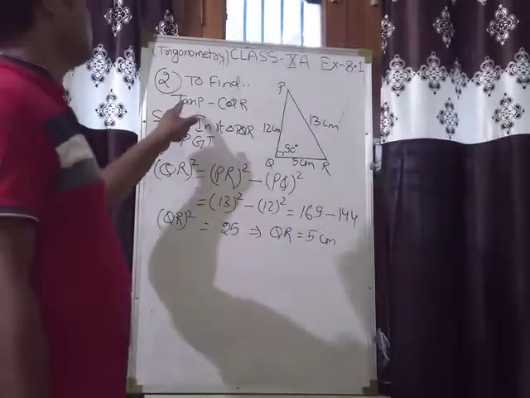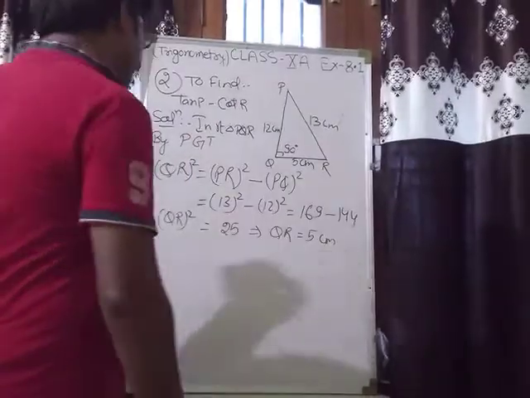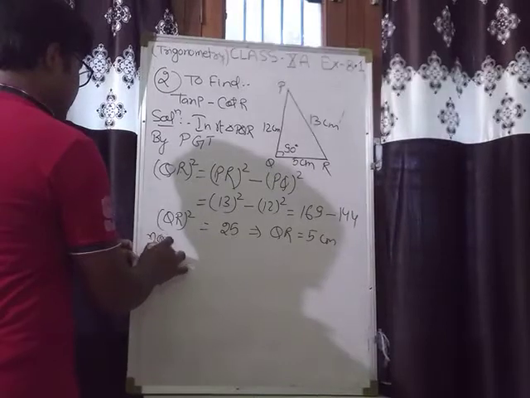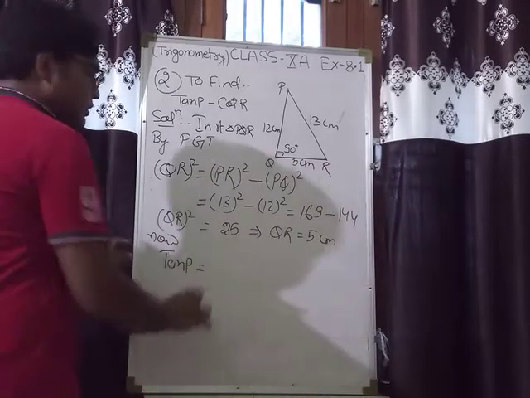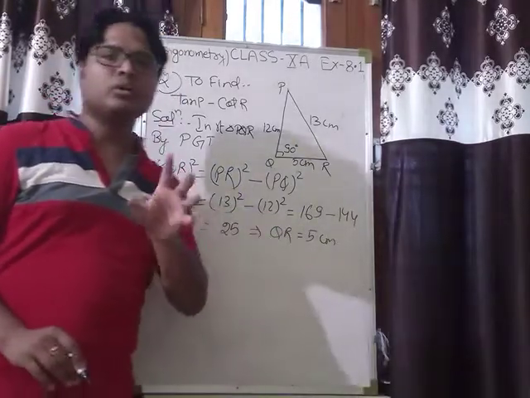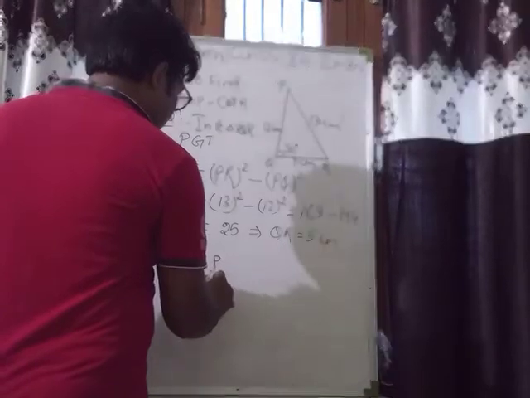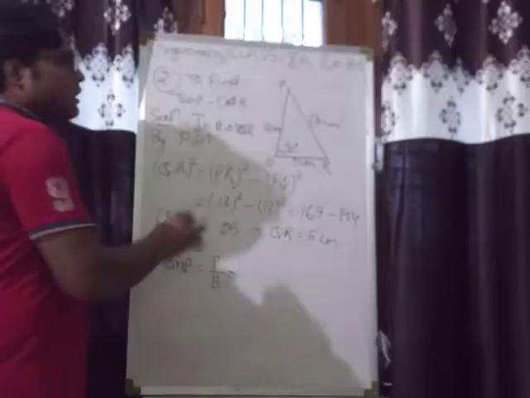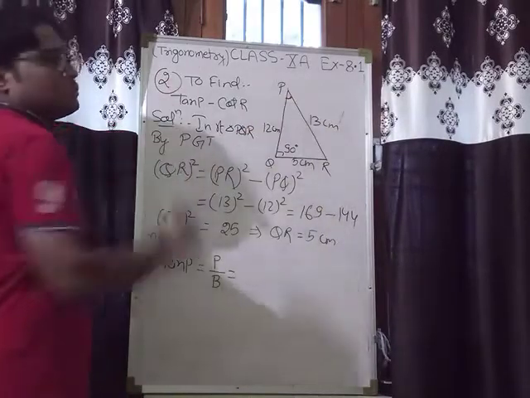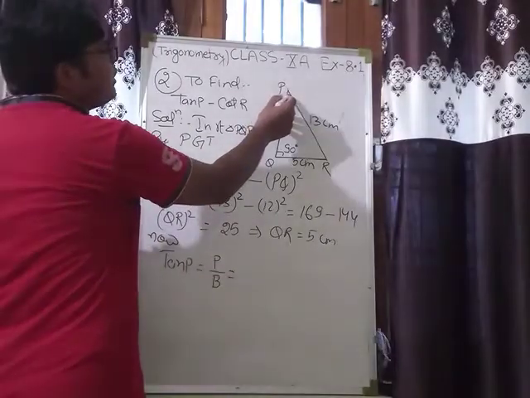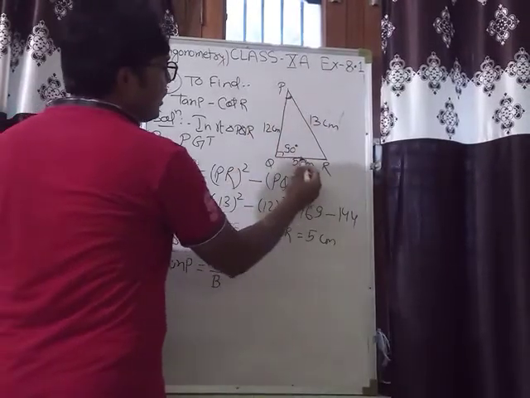Now see, we want to find out tan P minus cot R. So first find out tan P. We know that tan theta is equal to perpendicular upon base. And here we are talking about angle P. So perpendicular will be the side opposite to angle P, which is QR.